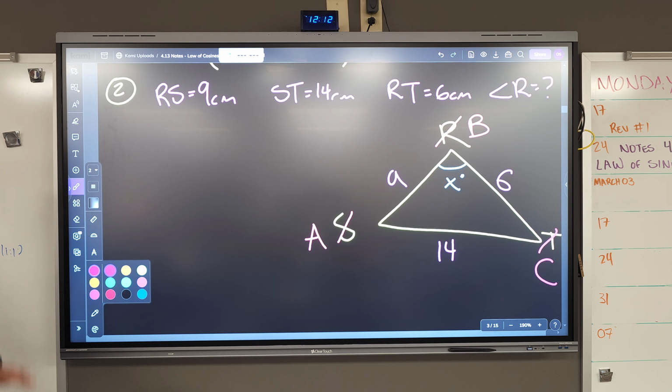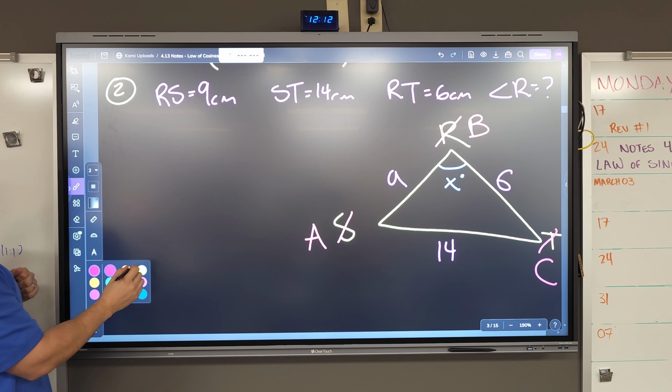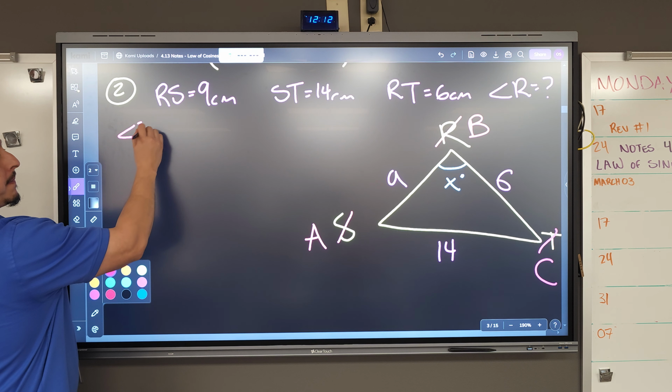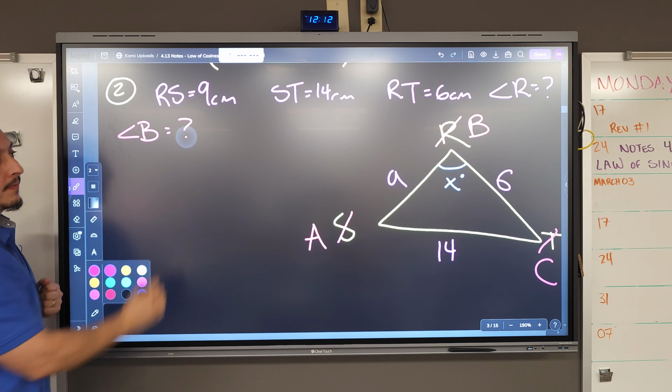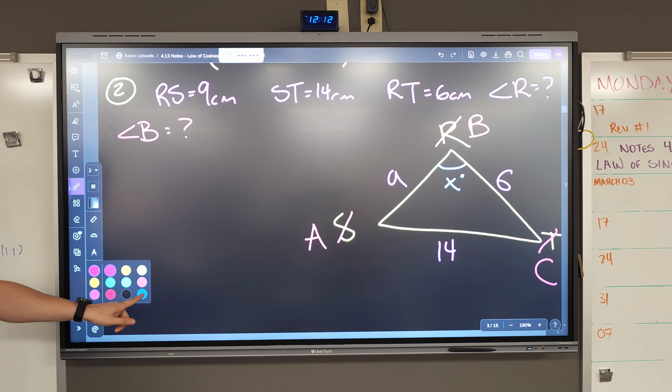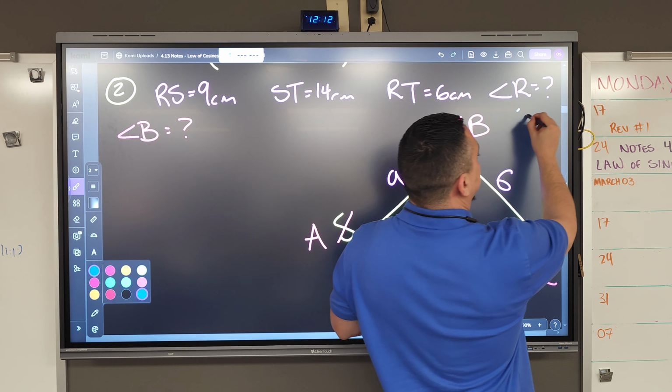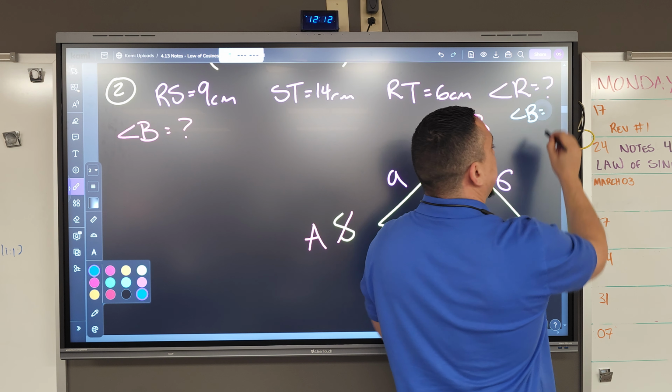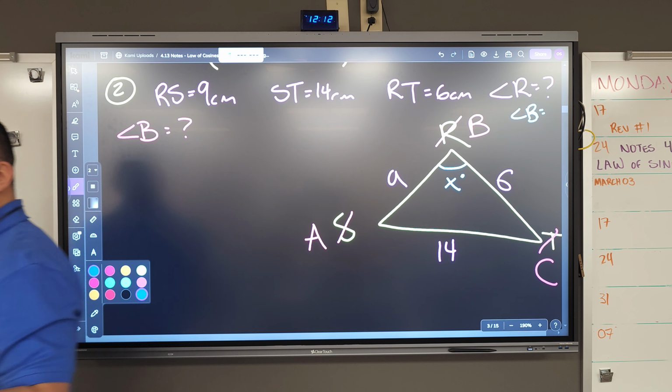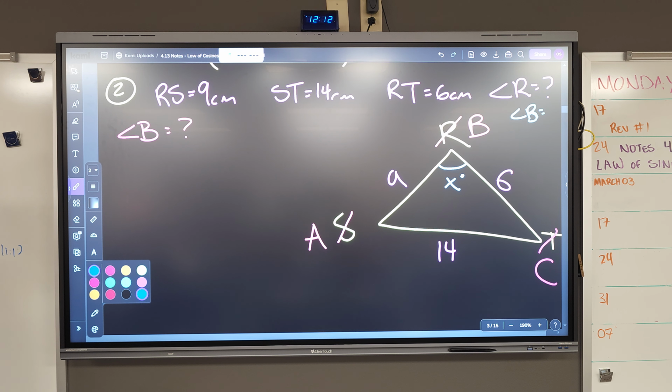Okay. With this labeling, I'm looking for angle B, which is their angle R. Right? So my angle B is their angle R. Does that make sense, the relabeling? Okay, so go for it. Now you know how.